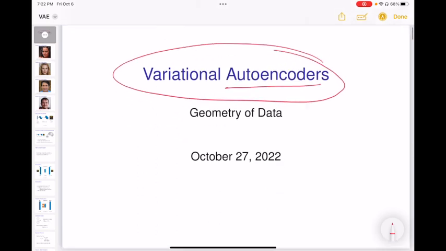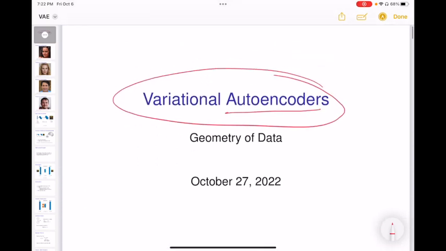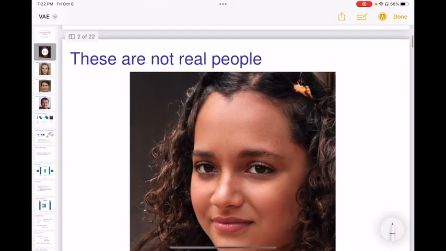Right, so this is the second lecture. We will use the slides that are already uploaded on the website, so you can get them from there. Okay, all right, let's start.